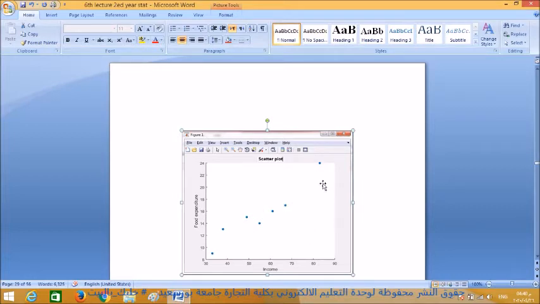So to get the simple regression model, try to draw a line like this between all these points, where the total of the differences between all points and this line equals 0. This is called the least square line.